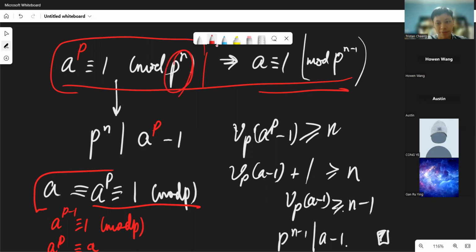So basically we can take any divisor of the modulus and they will still be congruent. Wait, then why do we need the Fermat's theorem part? Because we only know a to the p is 1. We don't know if a is 1. By LTE, we have to examine the condition where a is 1 or not. Yeah, okay, you're welcome.